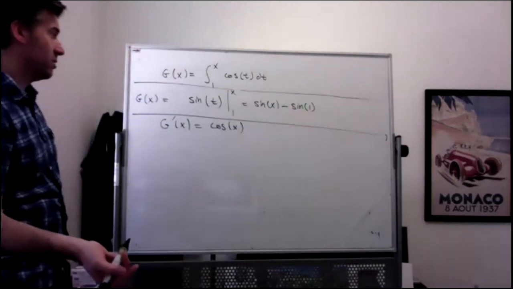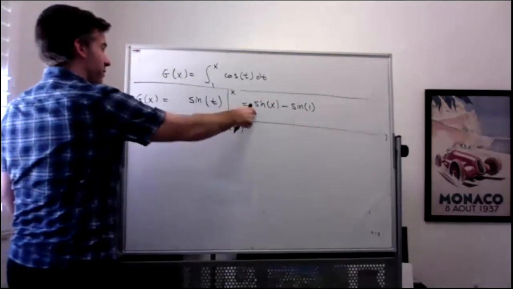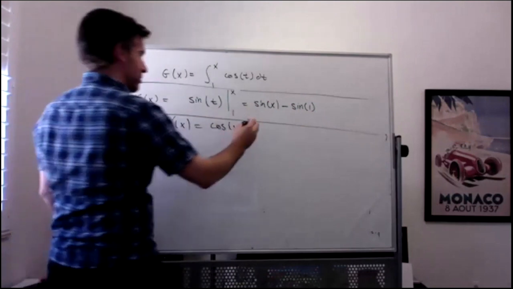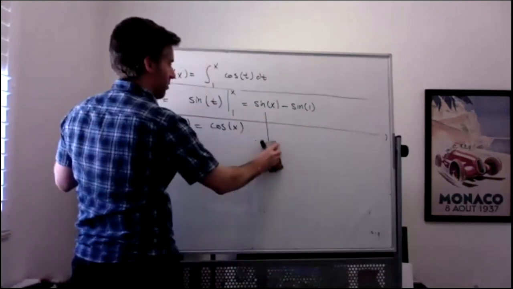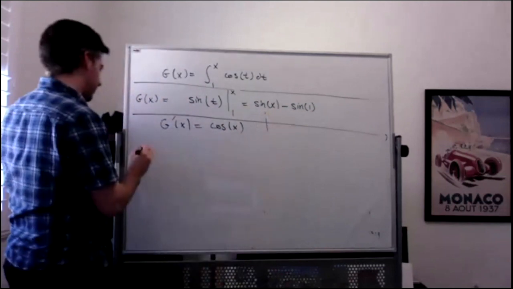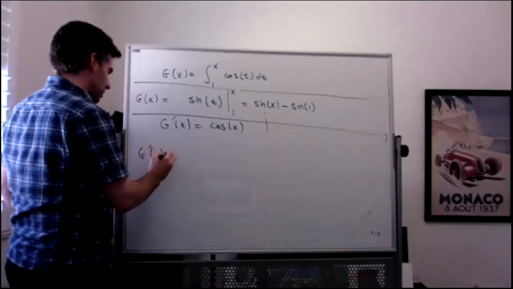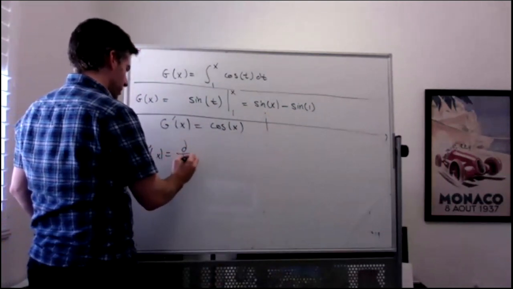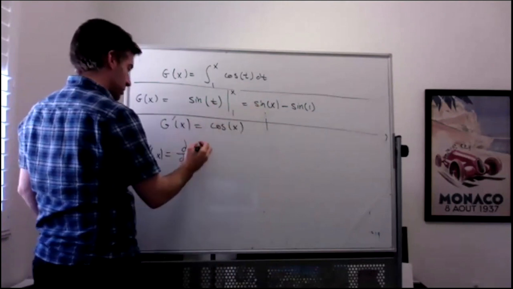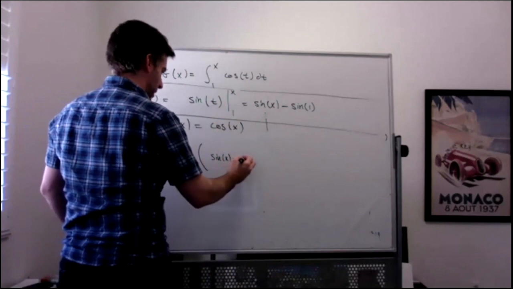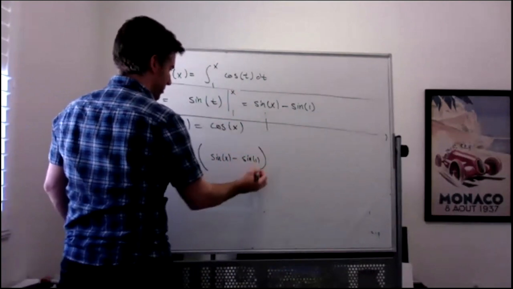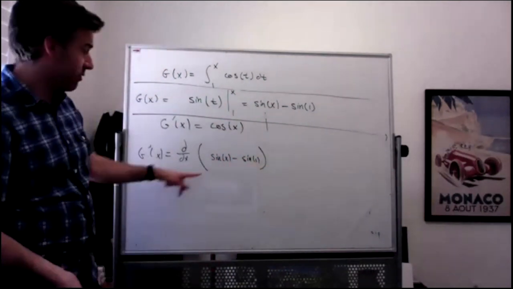Okay, so now if I'm going to find the derivative here, that's what's broken down here, right? So g prime of x is going to be the derivative of g of x, which is sine of x minus sine of 1. What's the derivative of sine of x?